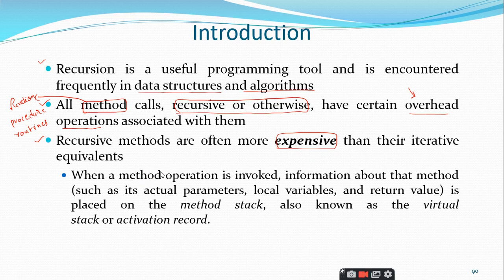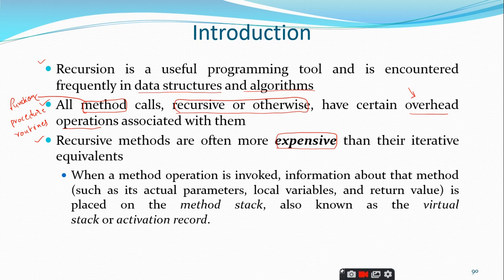Remember that recursion and iteration, I have been telling you from the starting point of the discussion, have some relation. Both are used to implement the repetition concept only. Even loops are used to iterate things, and recursion is also used to iterate things.